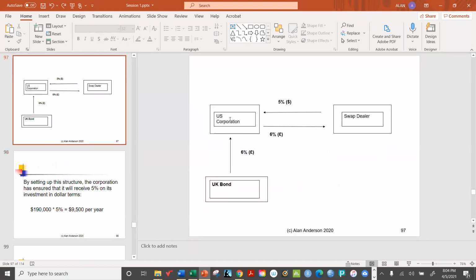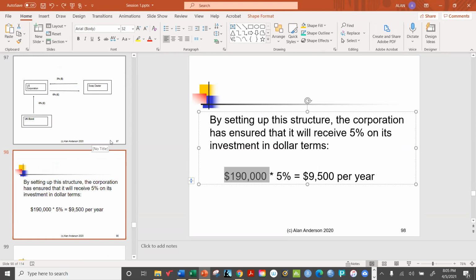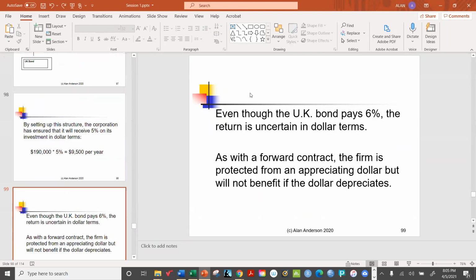We're getting 6% from the UK bond, which we swap to the dealer, the exact same amount, so that our net revenues are now 5% in dollars every year. Or, in other words, 5% of the dollar value of this bond, which gives us $9,500 per year. And that means no foreign exchange risk. So that's the whole point of this.